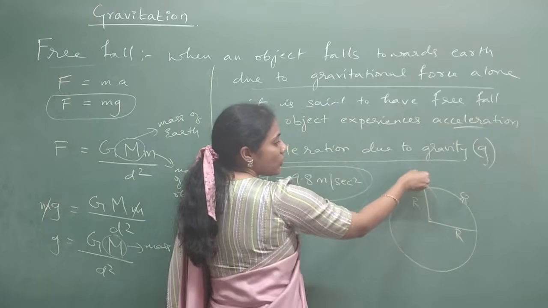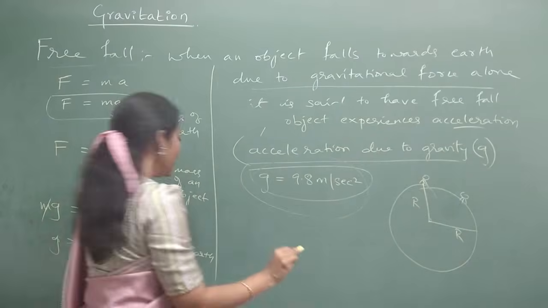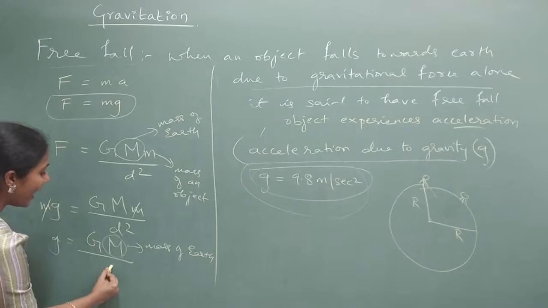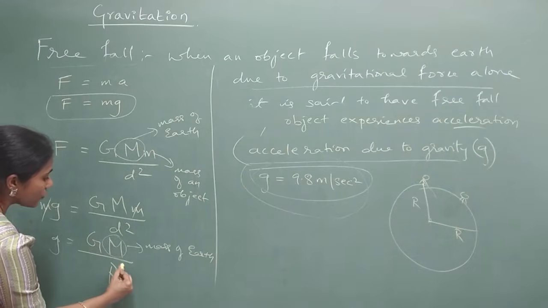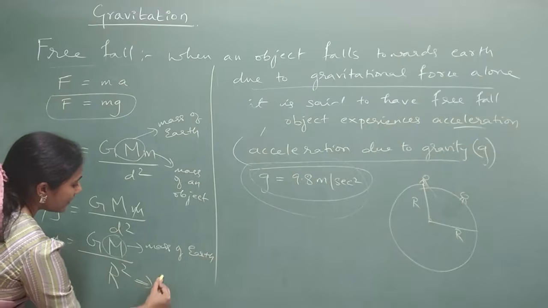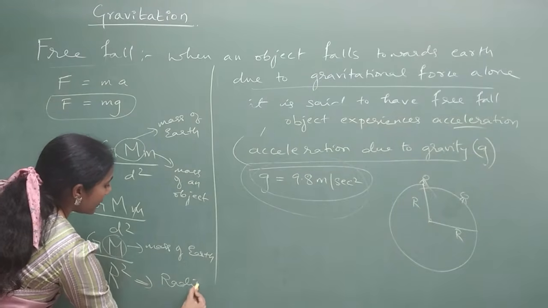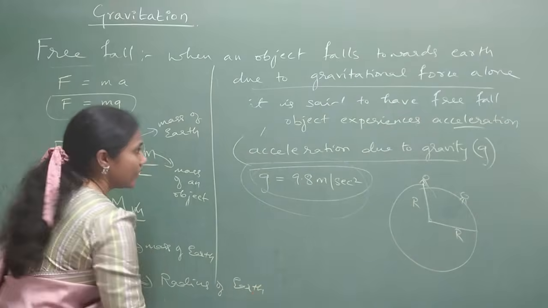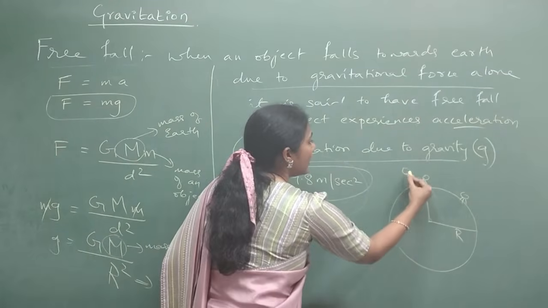Even if the object is on the pole, it is r only. So now instead of d, I will take r square. Here r is the radius of earth. Even if it is a big building on earth.